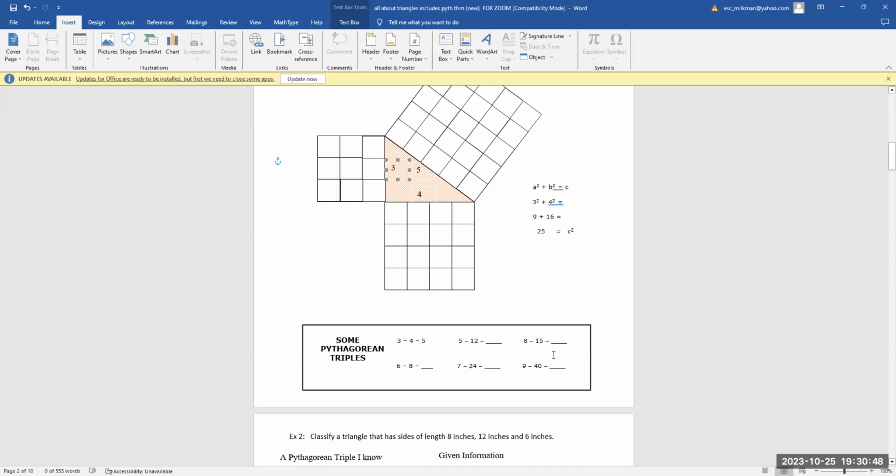The way this is set up, the hypotenuse is always the largest number. So 6 and 8 are two lengths of the legs. If you'll go ahead and figure out the a squared plus the b squared, just like I did here, then we'll continue on. Go ahead and pause the video and try to do those.